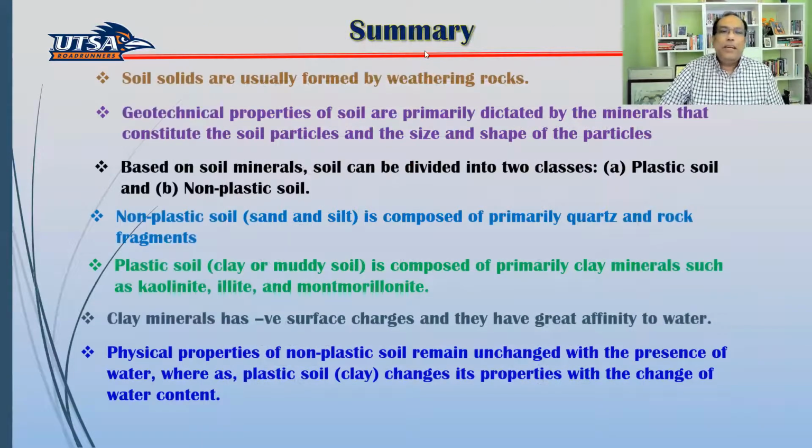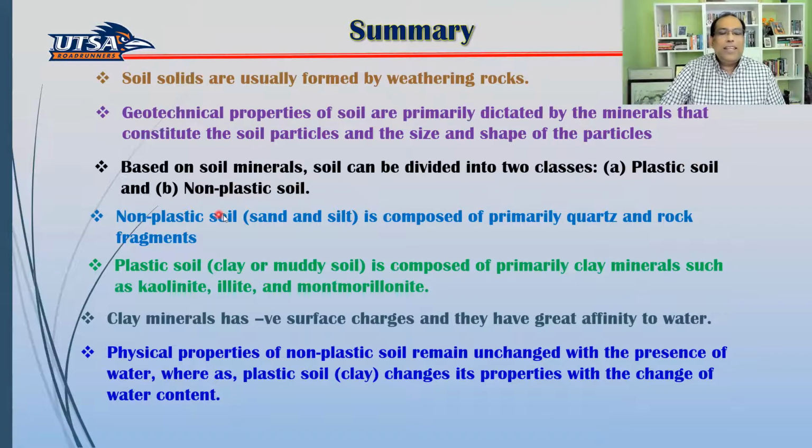So this is the summary. The soil solids are usually formed by weathering of rocks. Geotechnical properties of soil are primarily dictated by the minerals that constitute the soil particles and the size and shape of the particles. We'll talk about the size and shape in another video. Based on the soil minerals, soil can be divided into two classes, plastic soil and non-plastic soil.